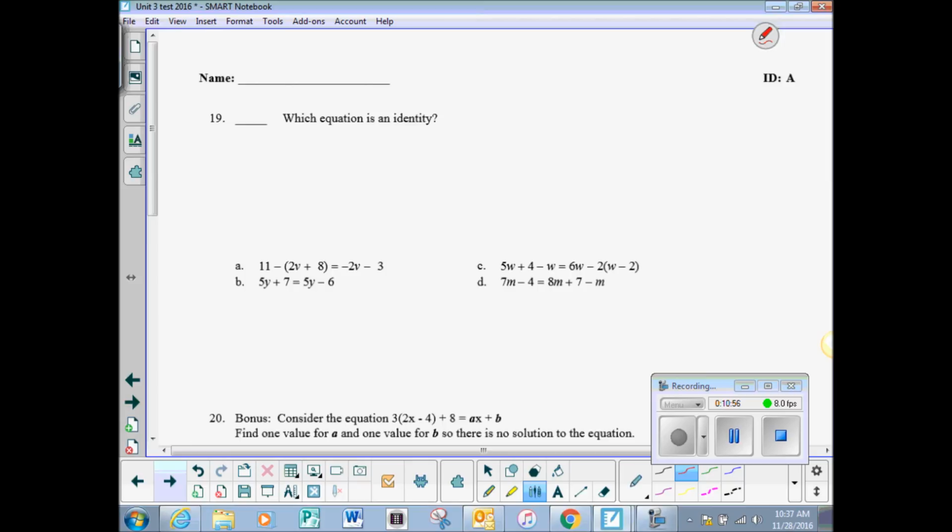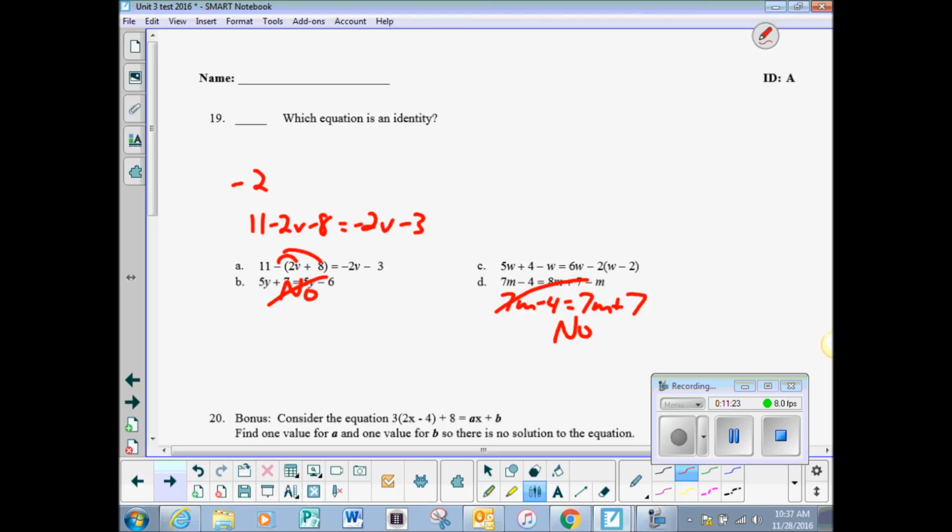Next page. Which one is an identity or infinite solutions? This is a no solution. This one is 7m minus 4 equals 7m plus 7. That's a no solution. Okay. This one, when I distribute the negative, I get 11 minus 2v minus 8 equals negative 2v minus 3.